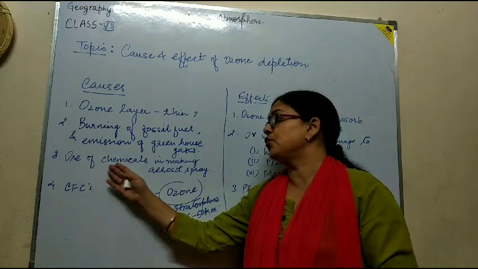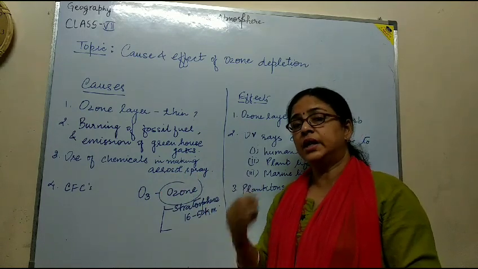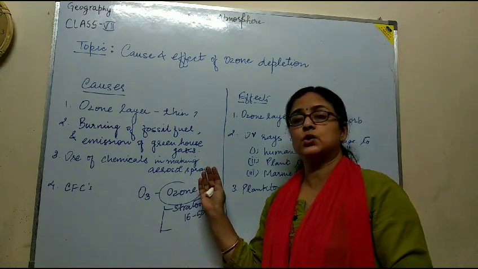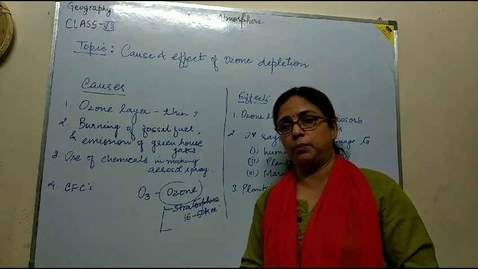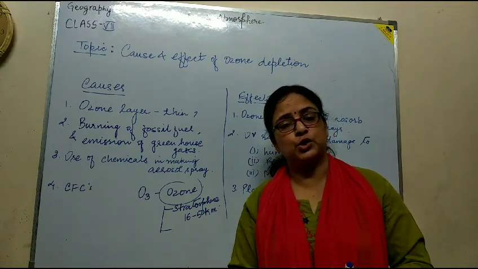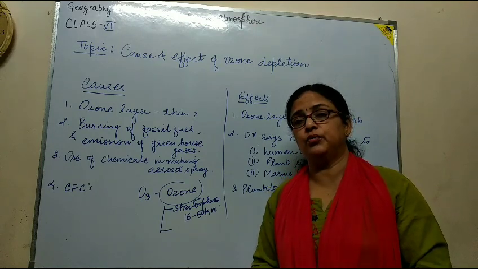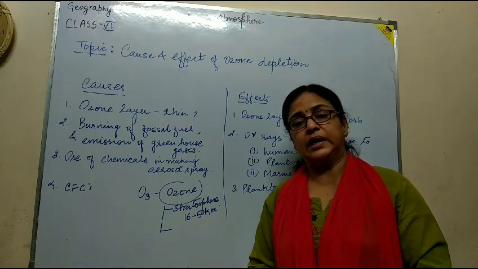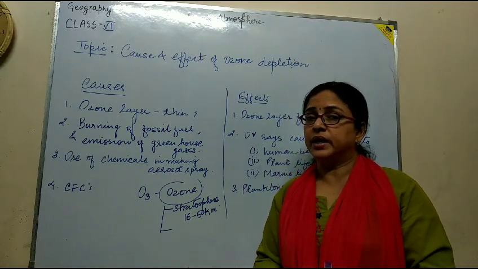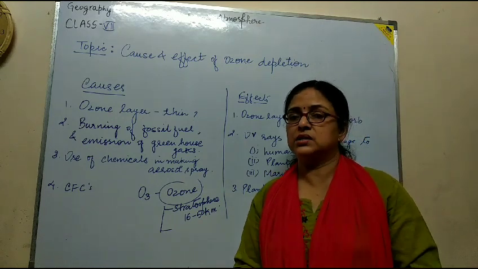Next is use of chemicals in making aerosol spray. Certain chemicals are used in making this aerosol spray. What is aerosol spray? It is used in making inhalers, disinfectants, preparation of antiseptics, and also in household air purifiers, cleaning agents, then making cosmetic agents, also in varnishes and paints.